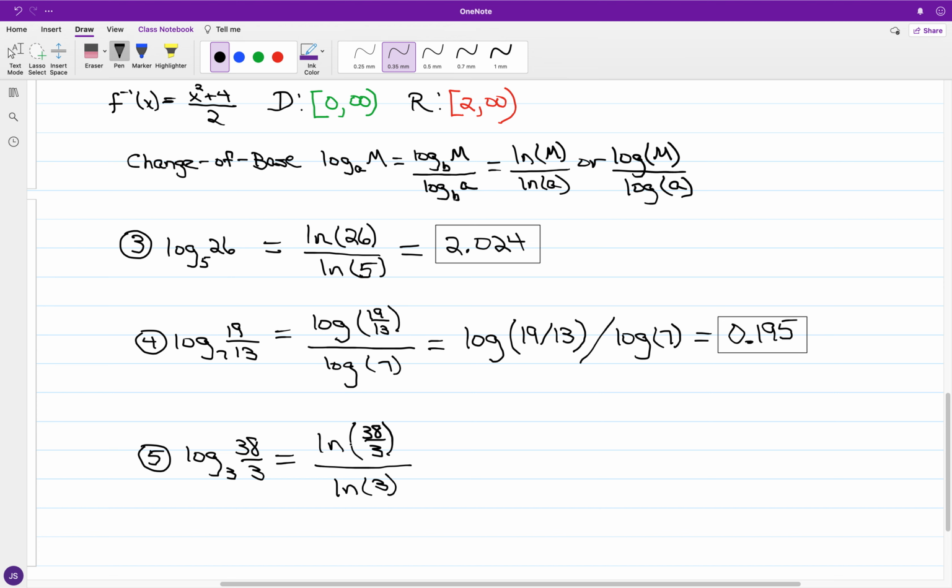So, just reformatting, we have the natural logarithm of m over the natural logarithm of a. So the natural logarithm of 38 over 3, all over the natural logarithm of 3. This will come out to about 2.311.